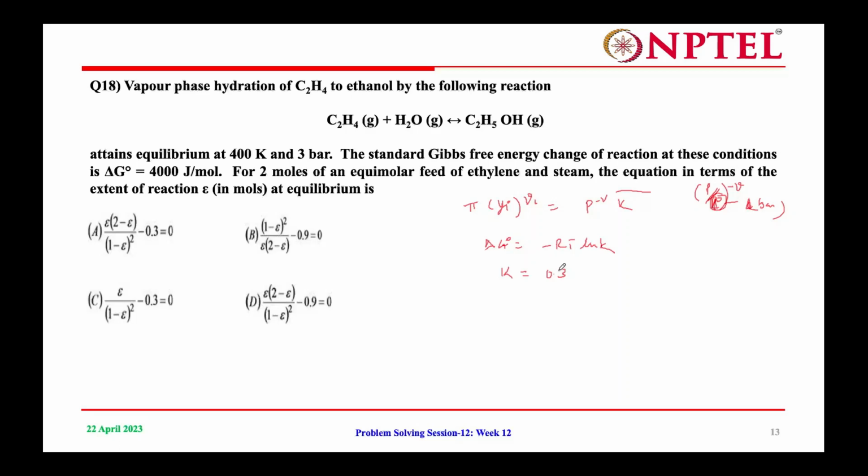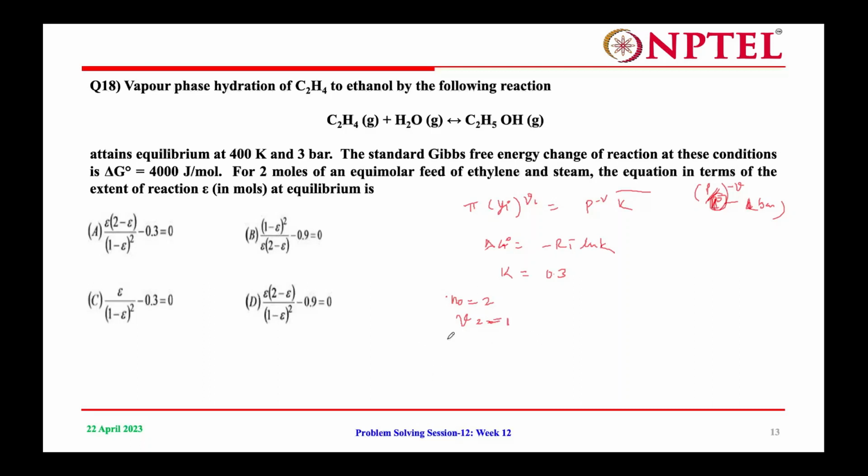Now for mole fractions. Initially 2 moles, and the sum of stoichiometric coefficients for this reaction is minus 1, right? Minus 1 minus 1 plus 1 equals minus 1.